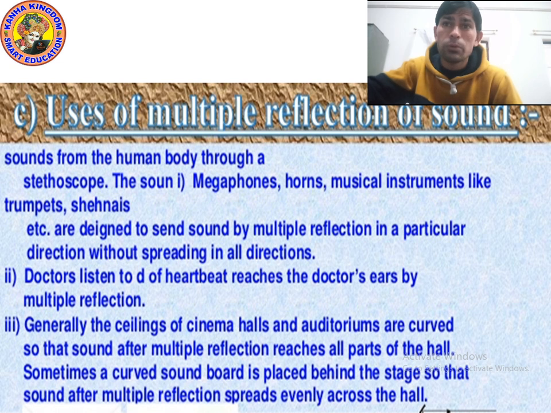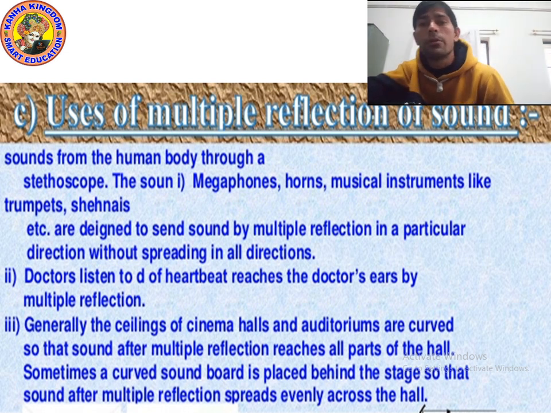Because to send the sound to all parts of the cinema hall, all parts of the auditorium. Sometimes a curved sound board is also placed behind the stage so that sound after multiple reflection spreads evenly across the hall.